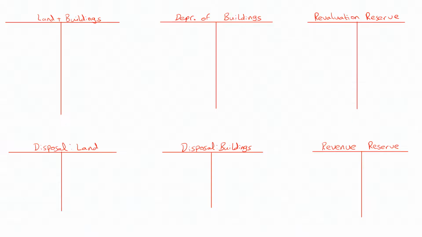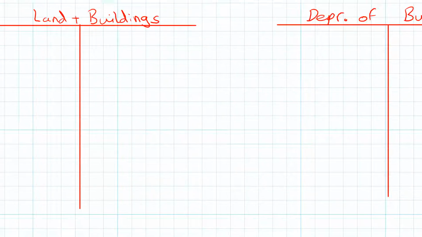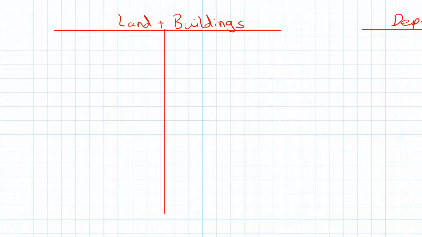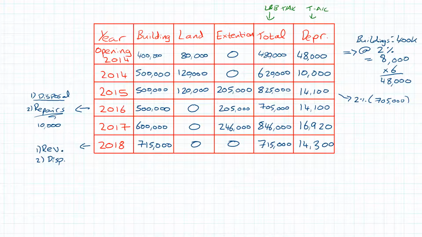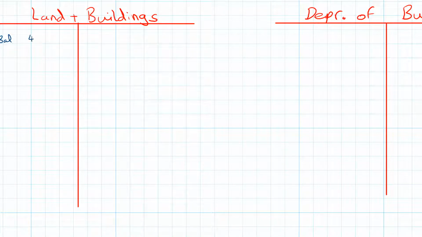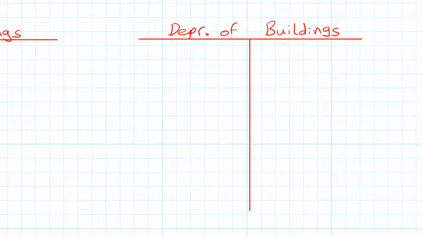So 2014. So we have on the debit side, I might just zoom in a bit to this specific T account. So we have the first of the first 2014, its opening balance, and it's 480,000. Now we'll go to depreciation account.